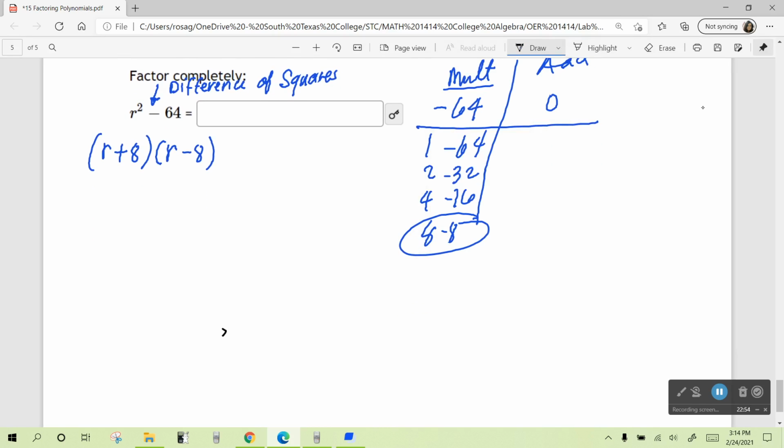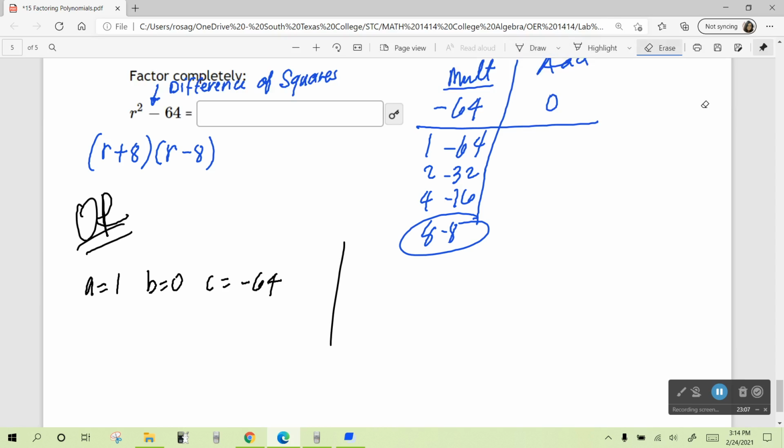Now, if you do it with the quadratic, your a would be 1, your b would be 0, and your c would be -64, and it would still work. I keep putting or because I don't want you to do both. Just do the one that works best for you.